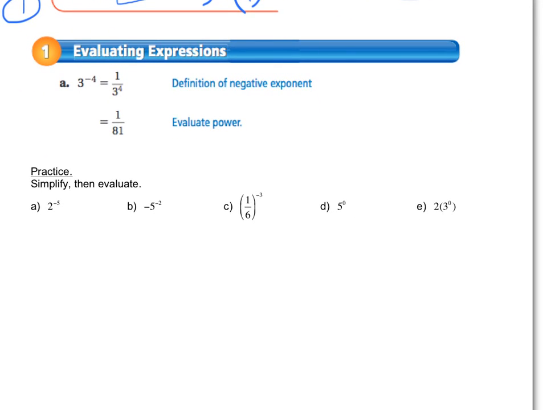So evaluating the expression, if I have a negative exponent, what I'm going to look to do here is we're going to take 2 to the -5, so I'm going to flip my base over, and it's now to the +5. So 1/2 times 1/2 times 1/2 times 1/2 times 1/2. Notice how the answer did not go negative. Okay?